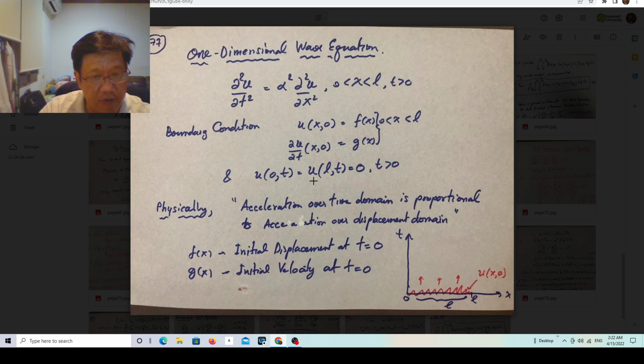So you have this boundary condition also, when x is equal to 0 and x is at the upper limit of L at time t. So f of x, in physical nature, can be the initial displacement at time 0, and g of x can be the initial velocity. Why velocity? Because it's the first order derivative of the displacement function at time 0.